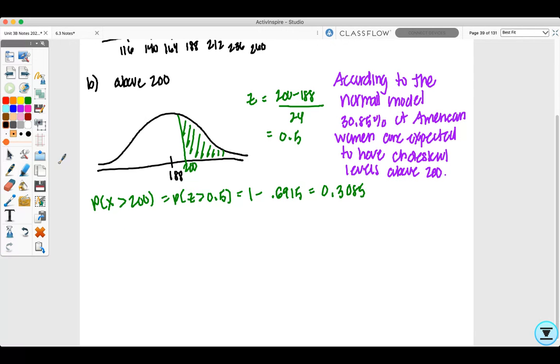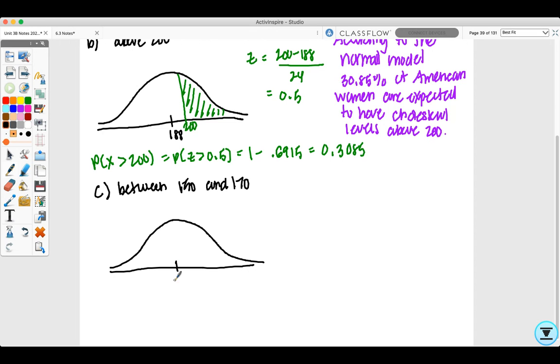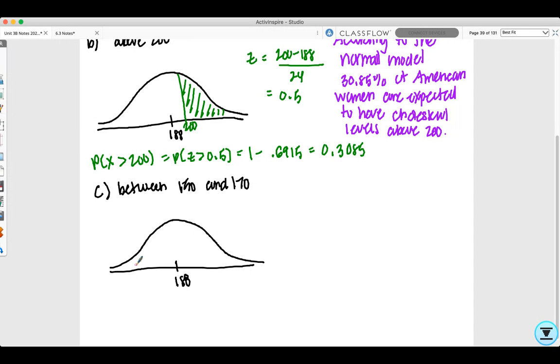And then C was between 150 and 170. So again, you always have to draw a picture. My mean is 188. 150 and 170, and it would be the area between.